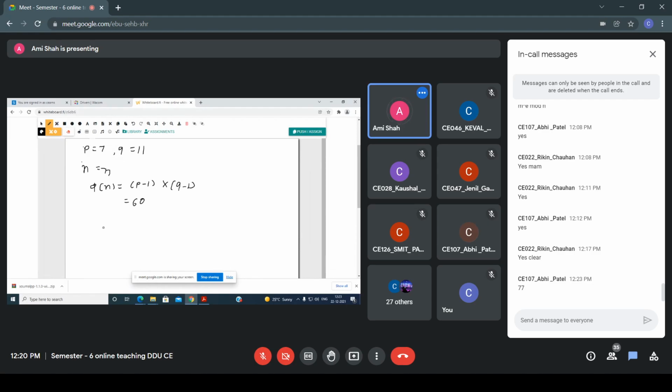Now all of you, you have to choose an E such that the GCD of E comma phi N is 1. So all of you calculate it and tell me the answer.